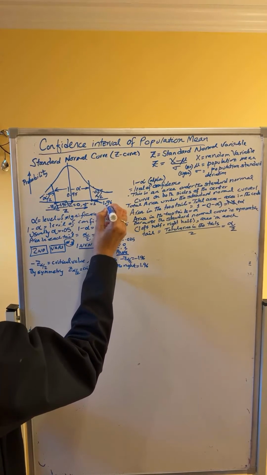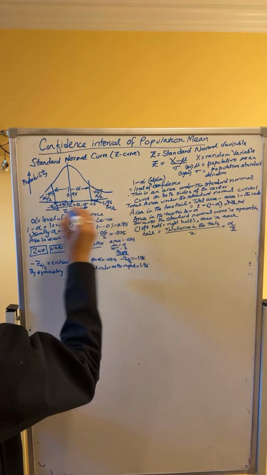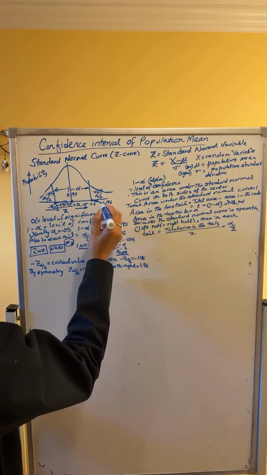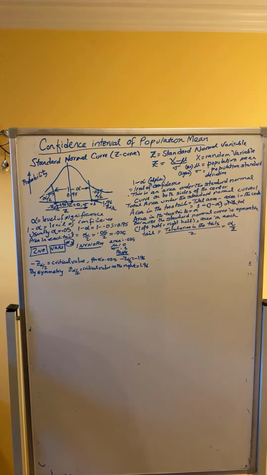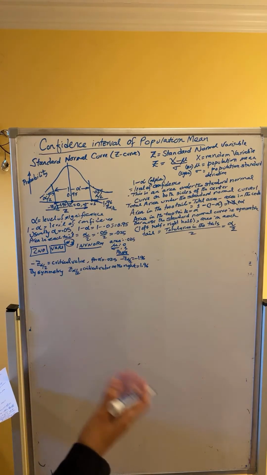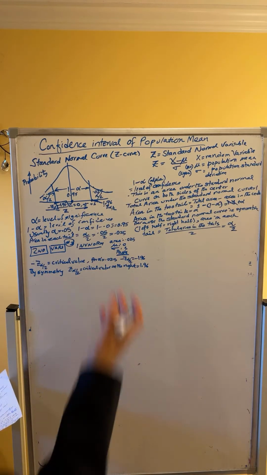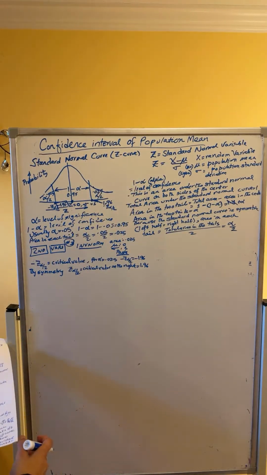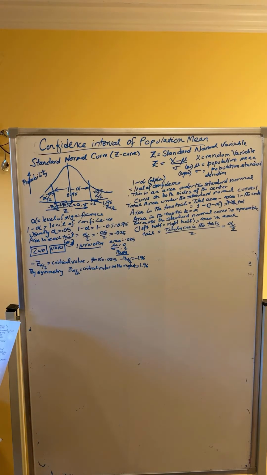This is z alpha by 2, the same as minus z alpha by 2 without the negative sign. Okay. So we need these critical values to find the confidence interval for the population mean. Why? I will explain that in a minute.